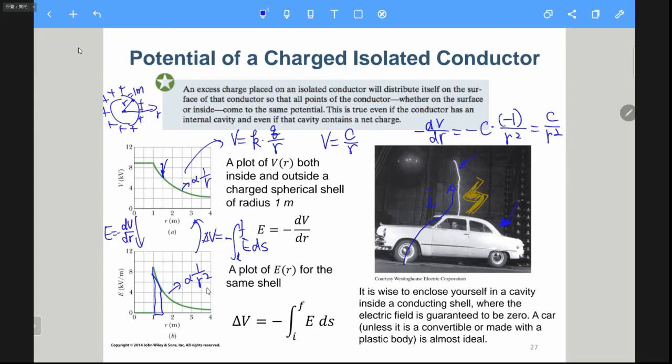Okay, so this is nothing special. It just reiterates E equals negative dV/dr and the integration of the E field.